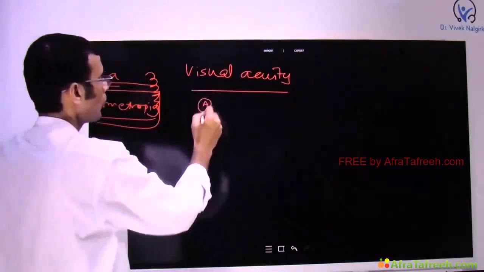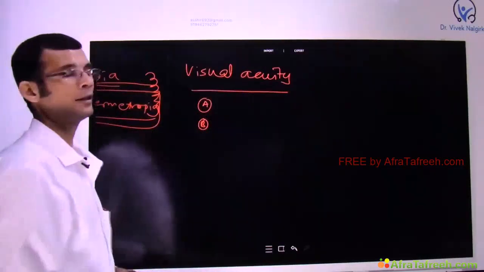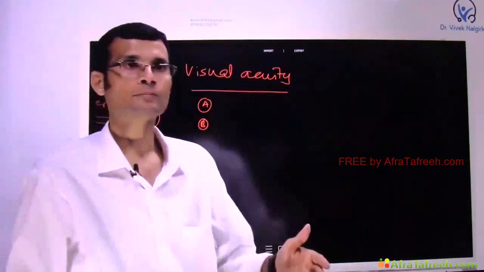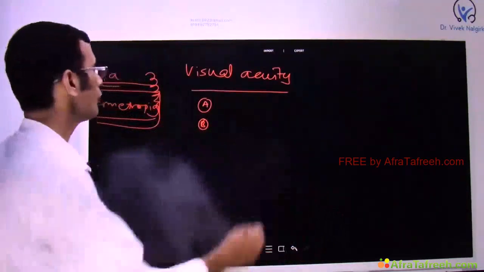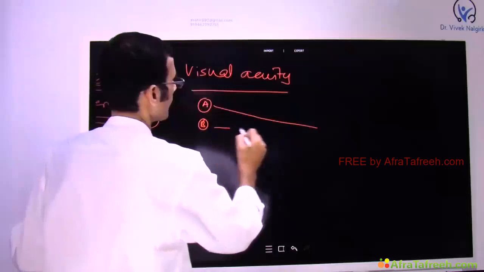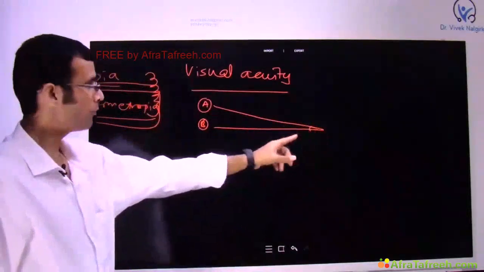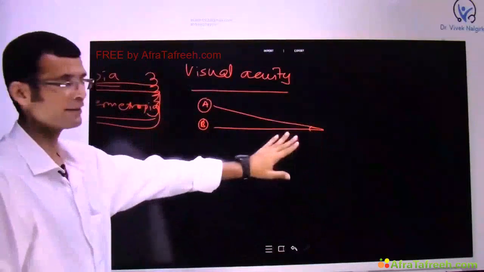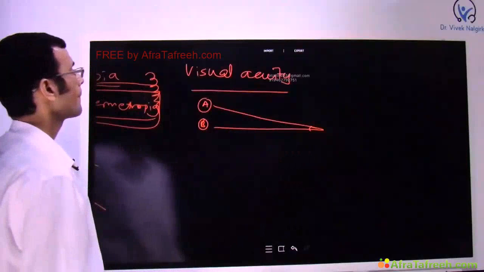So here are the 2 points. We can see them separately only when they subtend an angle of 1 minute or more than 1 minute. This is just diagrammatic. Obviously, this is not 1 minute. This is just a diagrammatic presentation for the sake of understanding.